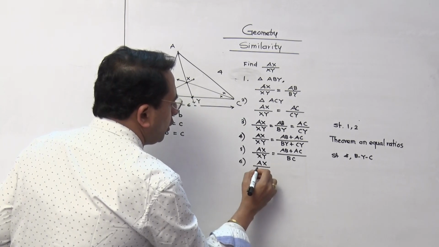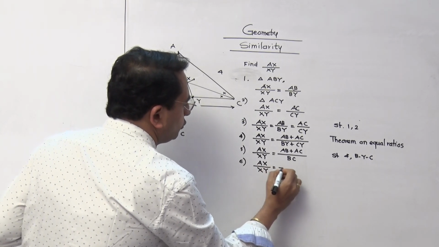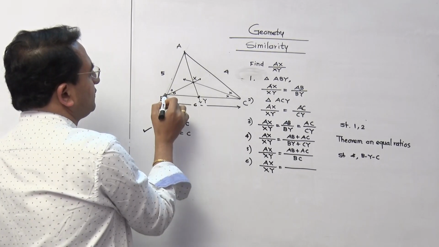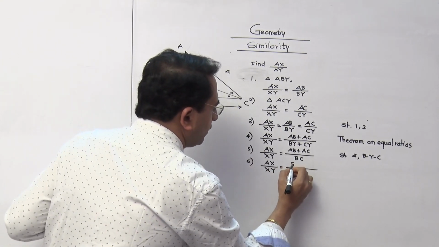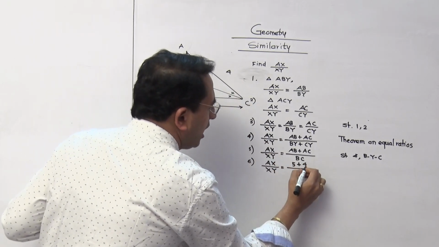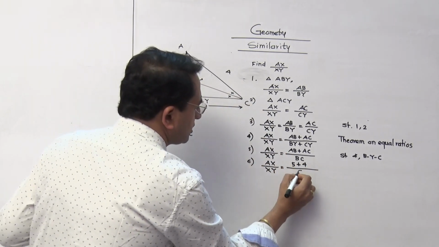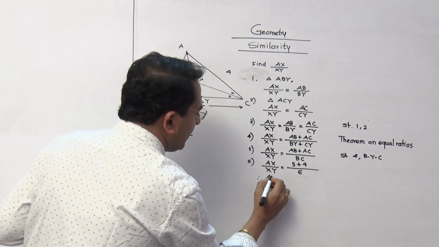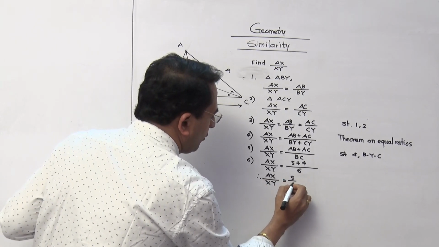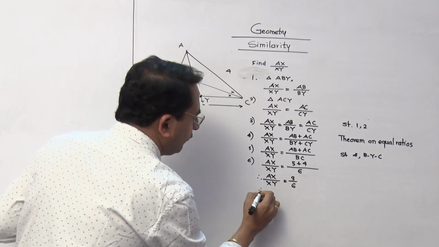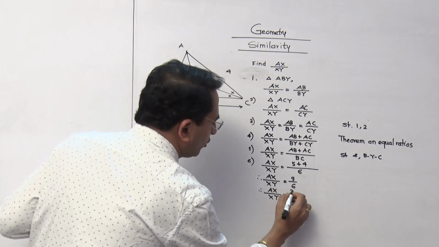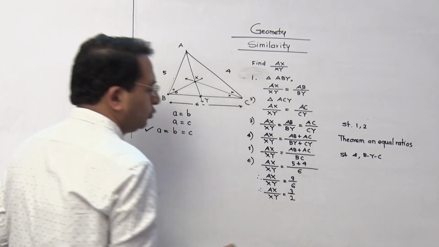AX upon XY is equal to, what is that? AB and AC: AB is 5, so I can write 5 here, plus AC, we can write that as 4, upon BC, that comes to be 6. So therefore, AX upon XY is going to be 9 upon 6. So therefore, AX upon XY after reduction is going to be 3 by 2.